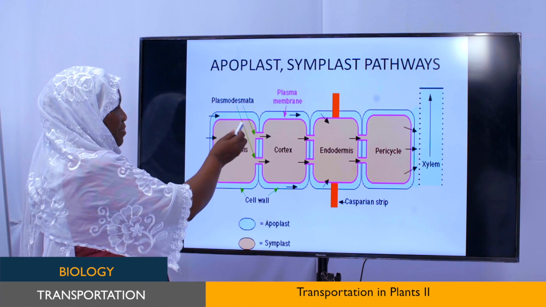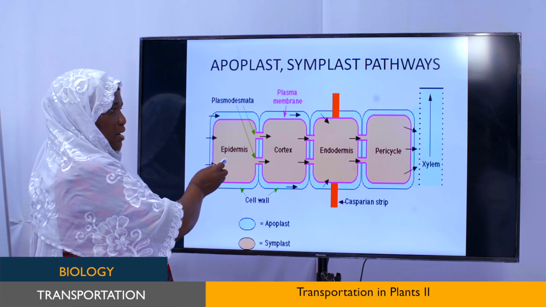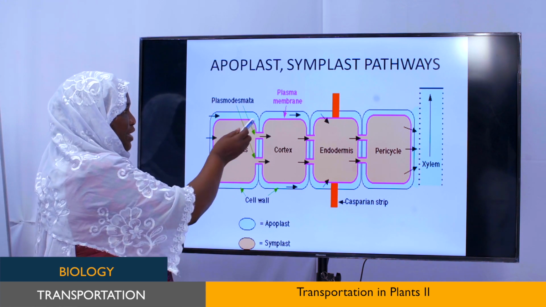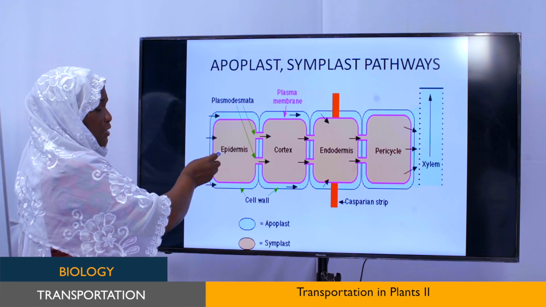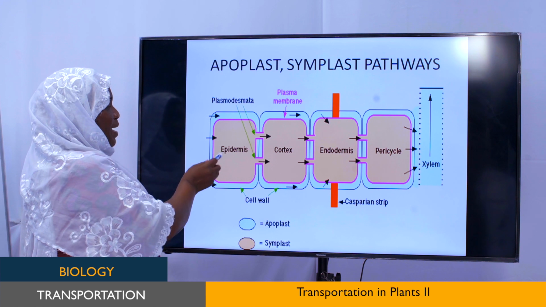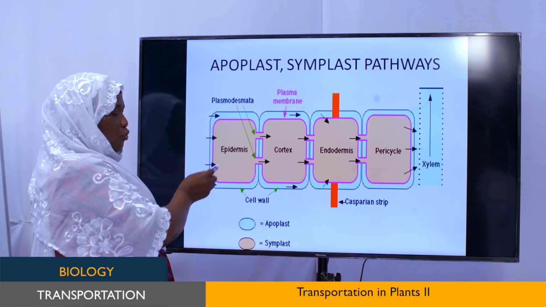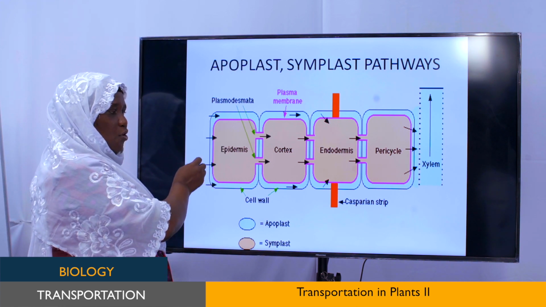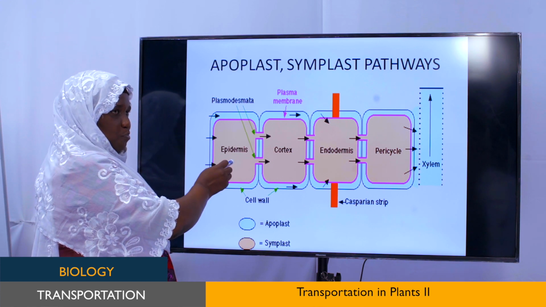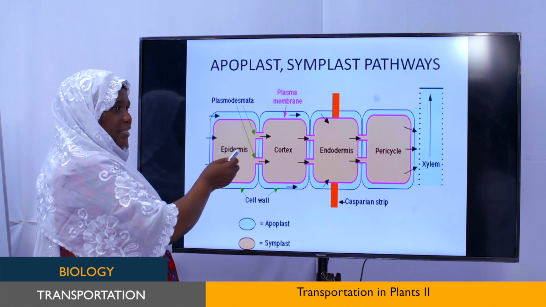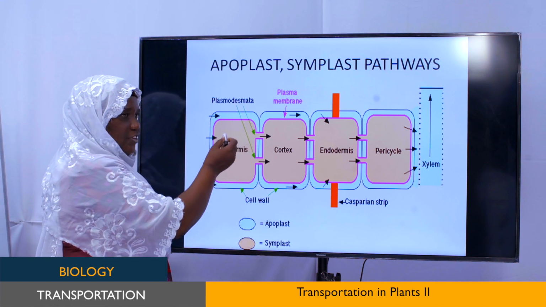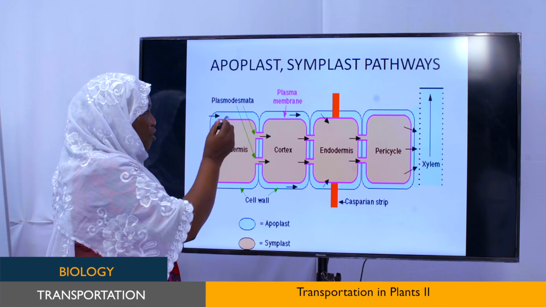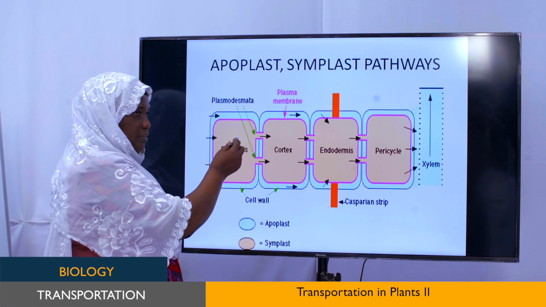Starting from here, this is the epidermal cell. The epidermal cell is found in the root here, for instance. We expect this cell to draw water from the soil by osmosis, as I have already explained. And when it reaches here, the contents become diluted.